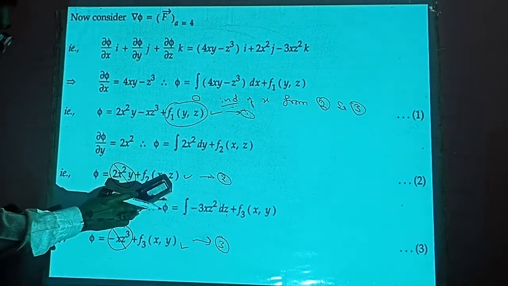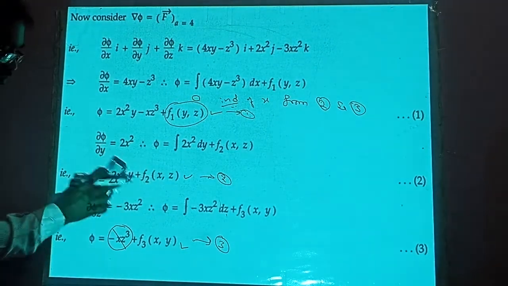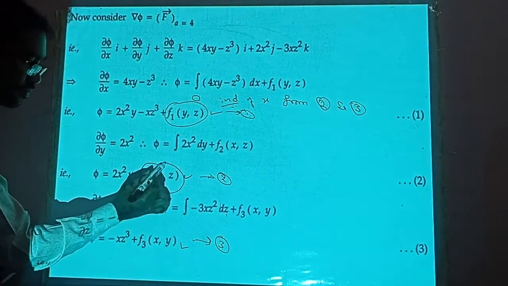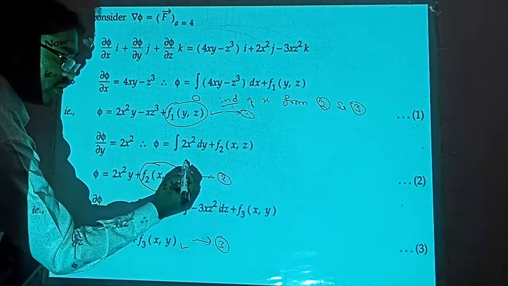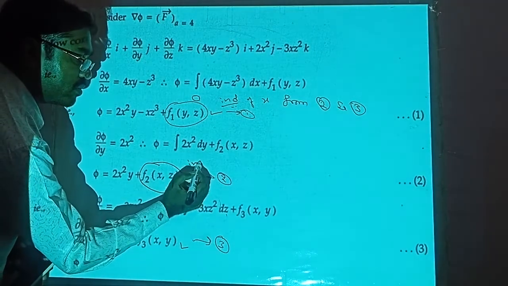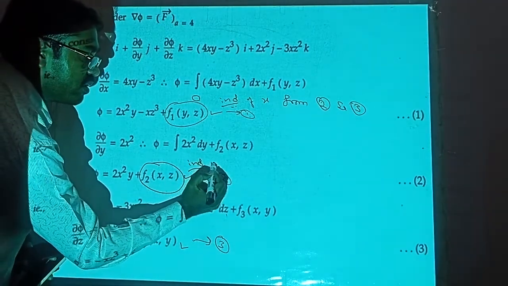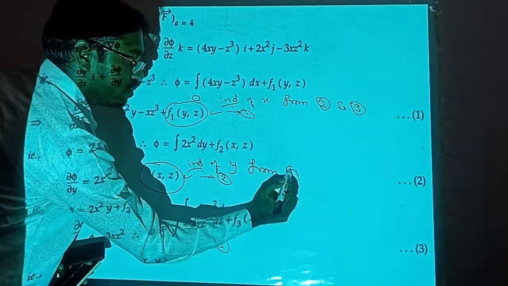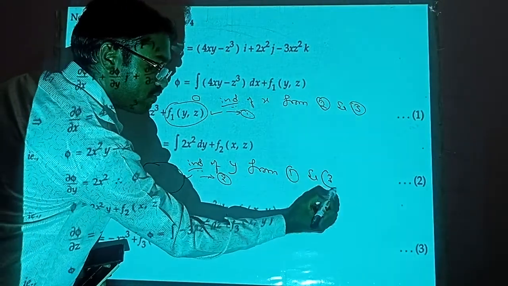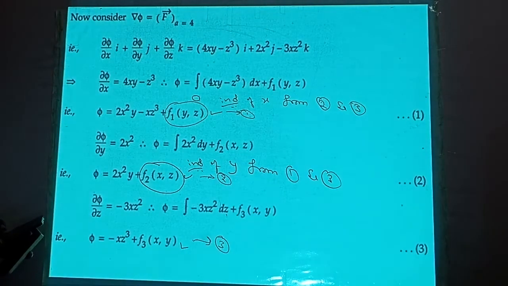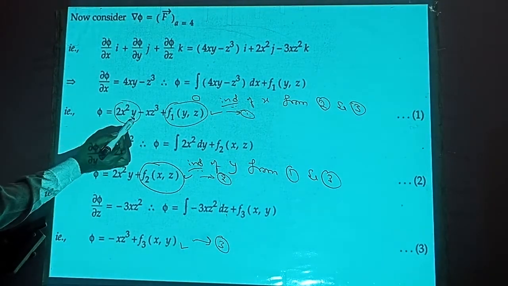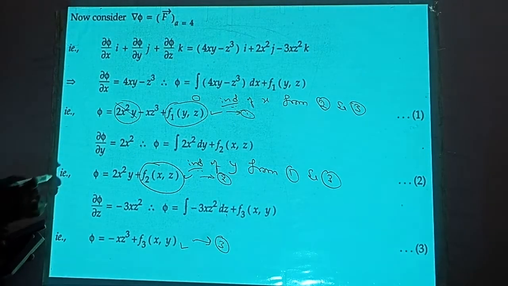Now let us go for f2. To choose f2, we need to choose the terms independent of y from 1 and 3. This term depends on y, we cannot take.